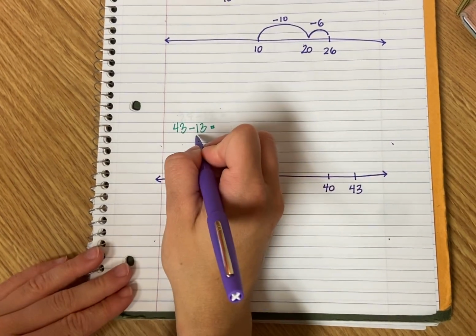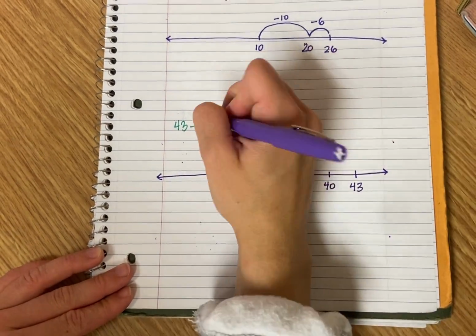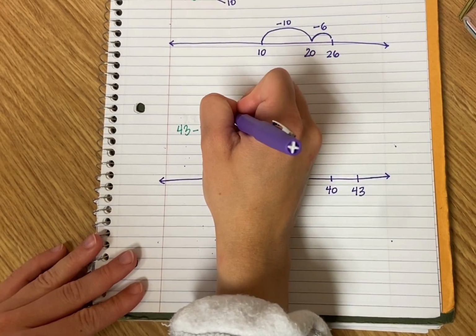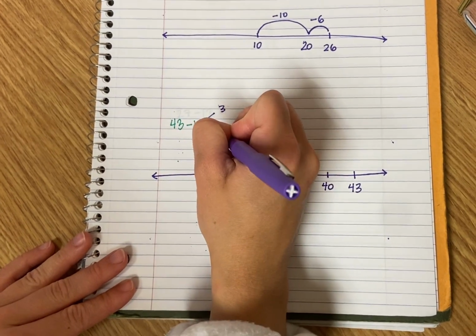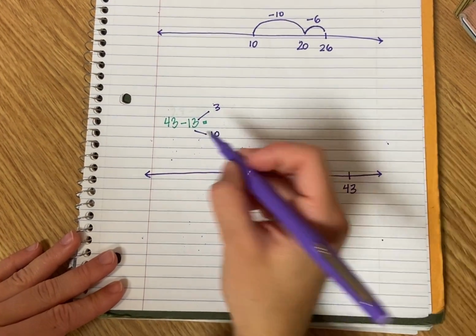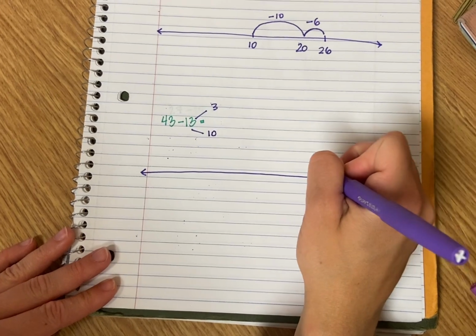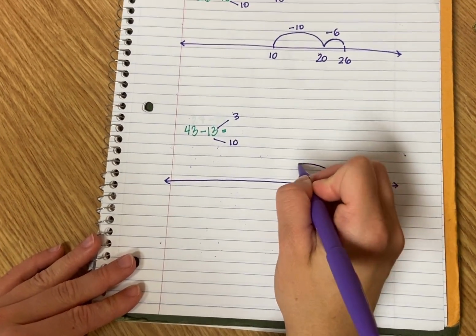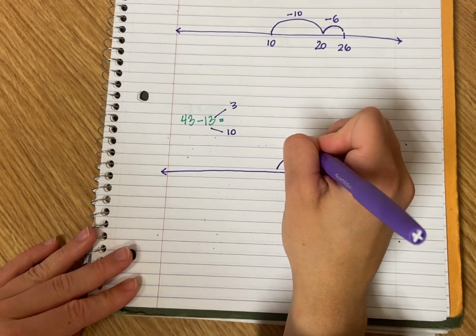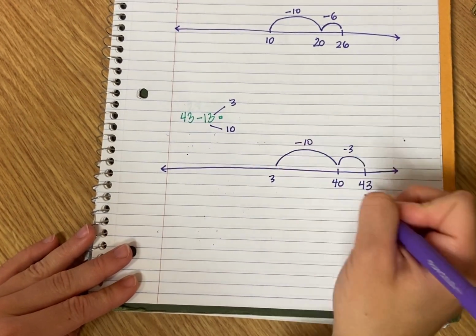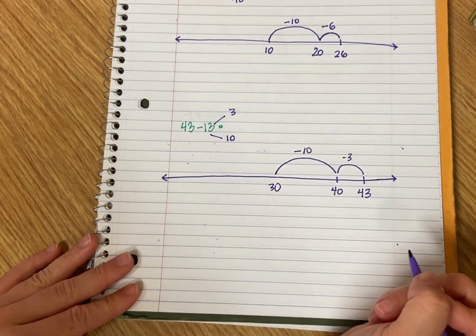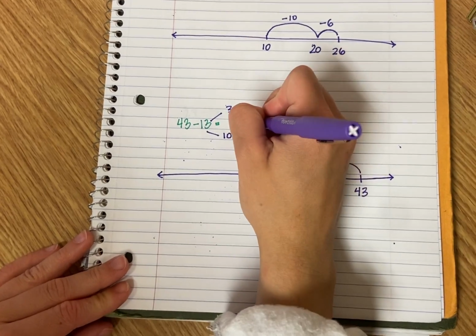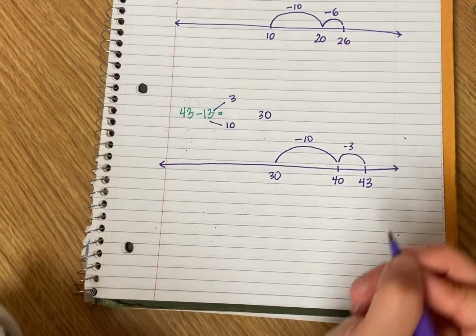So let's see if we can decompose this number into 3 and something else. 13 is the same as 3 and 10. So we can do that. We can subtract 3 to get to 40, and then we can take a big jump and subtract 10 to get to 30, because 40 minus 10 equals 30. So 43 minus 13 is 30.